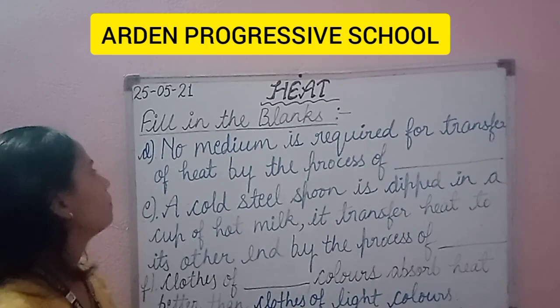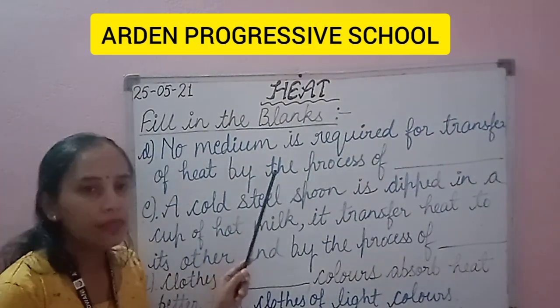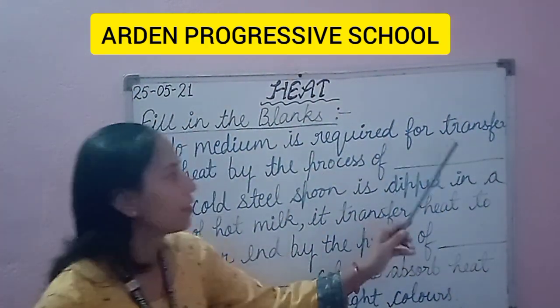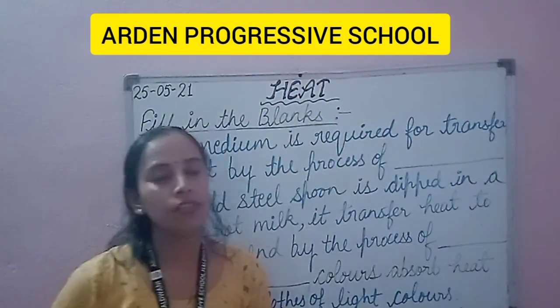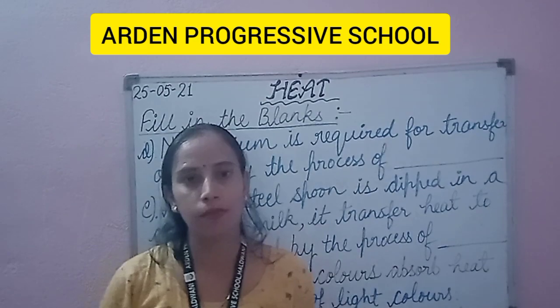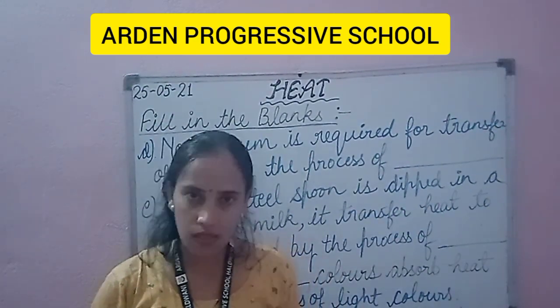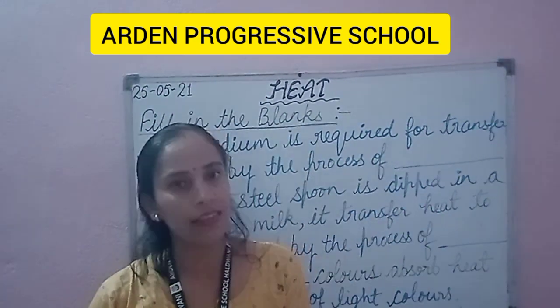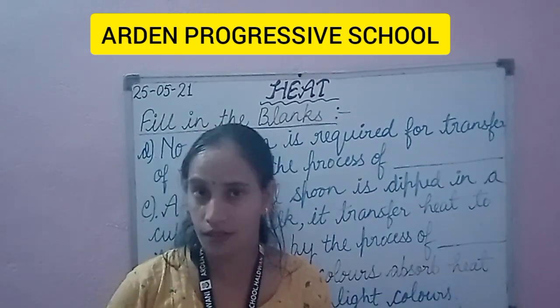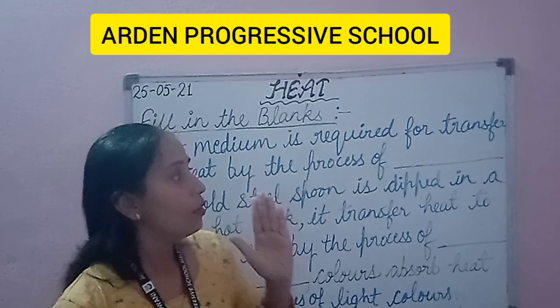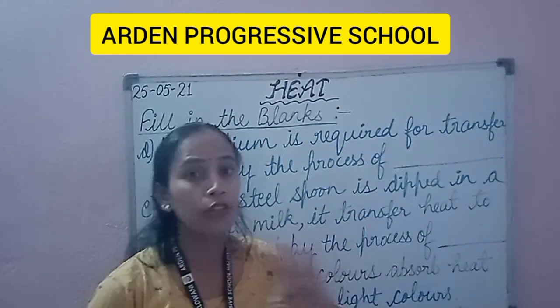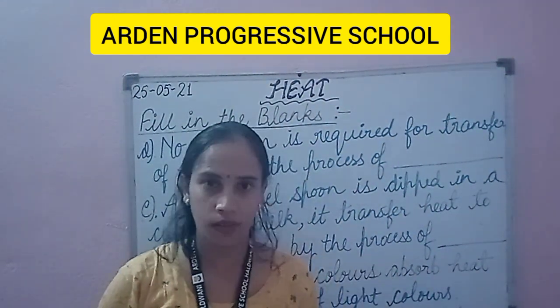Students, next is: no medium is required for transfer of heat by the process of dash. We have studied the three mediums of heat transfer. First one is conduction, second is convection and third is radiation. Out of these three, which one requires no medium for heat transfer?